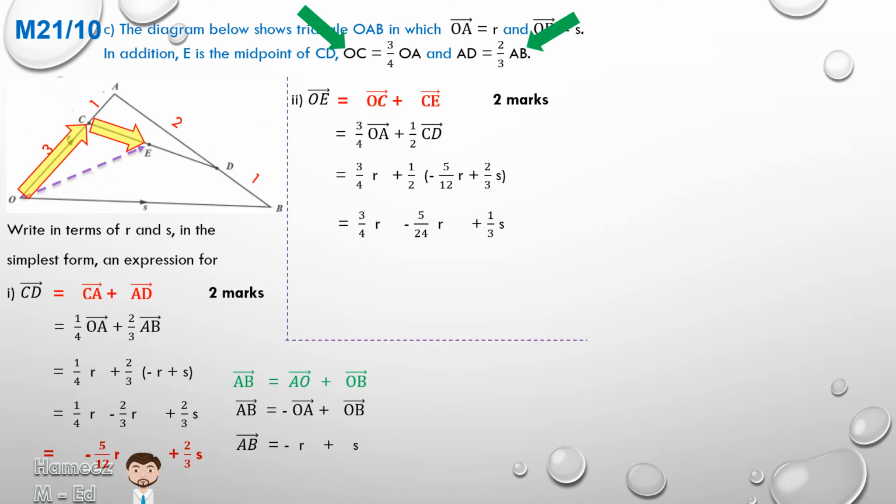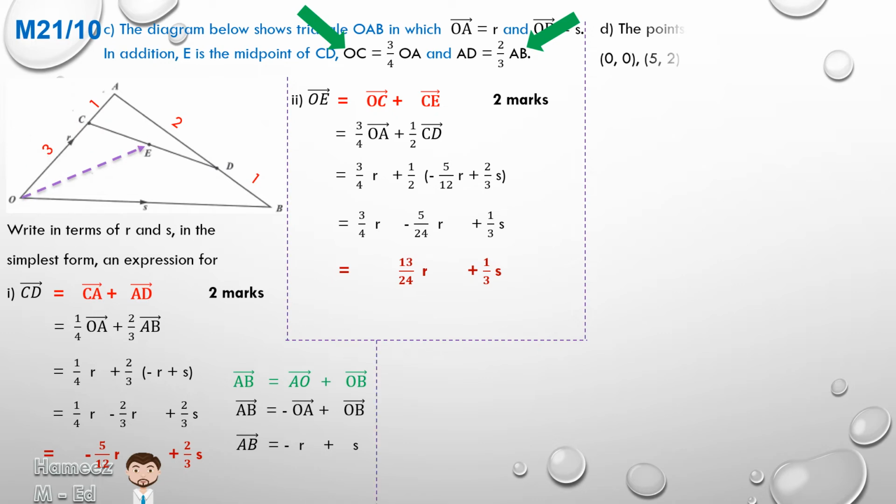So we're left with 1/3 S. And we can use our fraction calculator mode again and solve 3/4 R minus 5/24 R. So that will give us 13 over 24 R plus 1/3 S. And we now go on to part D.